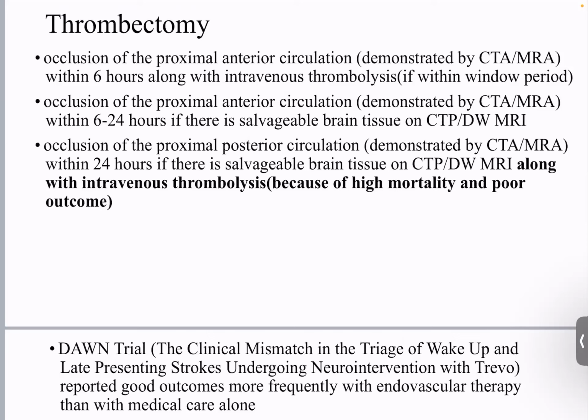If we are able to demonstrate this entity in MRI, it means the tissue is salvageable, it has not gone for infarct, there is still an ischemic penumbra. But most of the time, the diffusion perfusion mismatch cannot be measured in MRI. It may not be available in many centers. So an equivalent to that is a T2 diffusion mismatch.